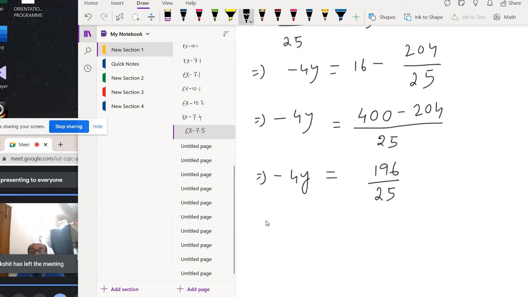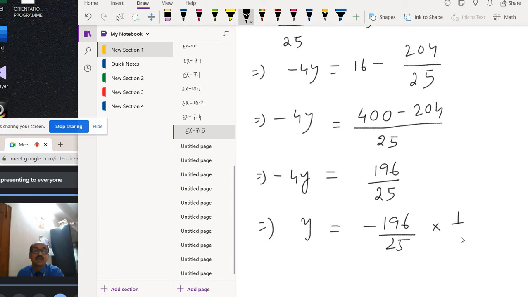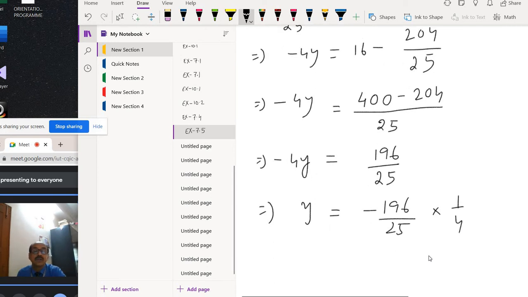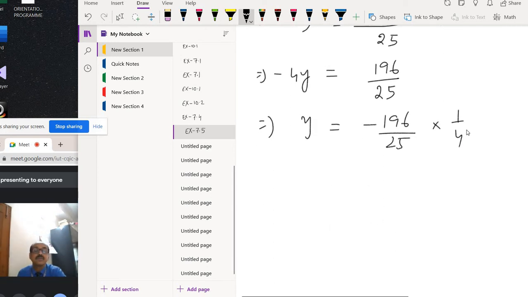So y equal to minus 196 by 25 into 1 by 4. 4 will divide 196 by 49. So it will be minus 49 by 25.